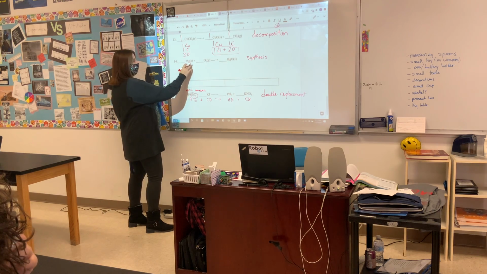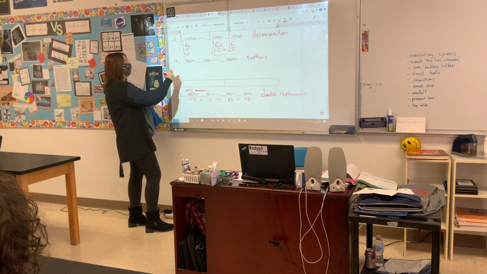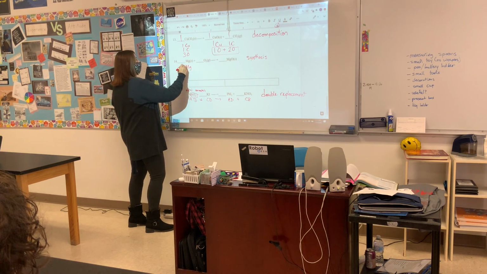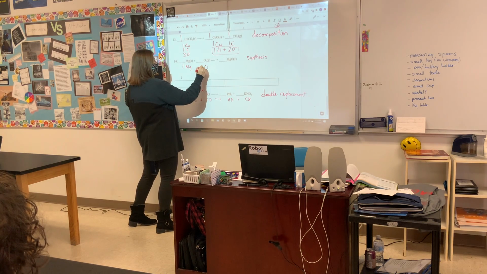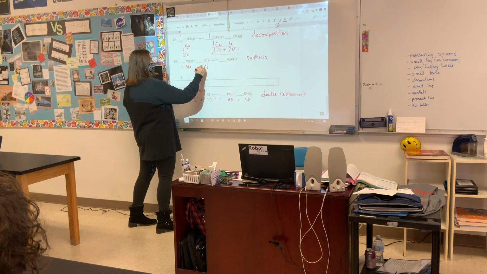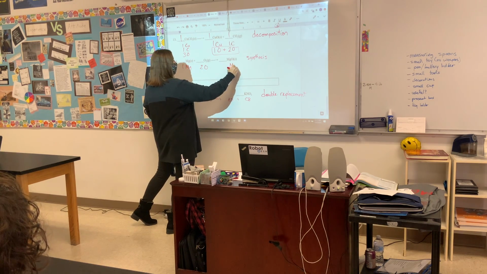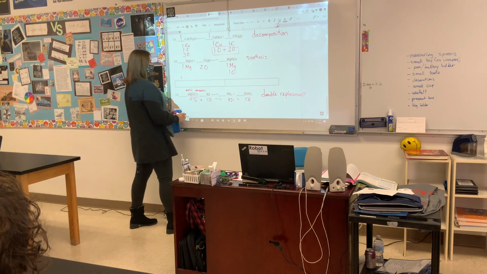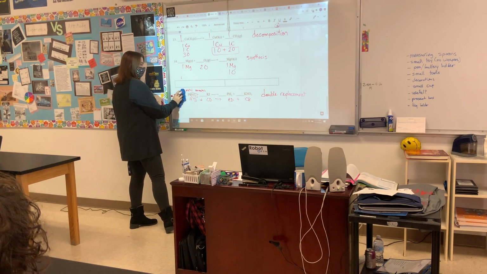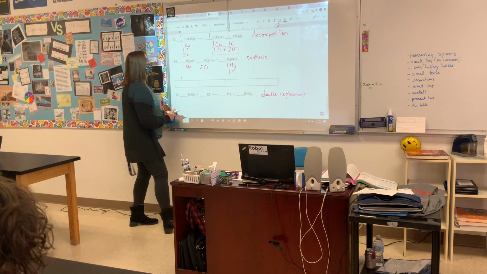Okay, how about this one? Magnesium, oxygen. We get magnesium oxide. Magnesium, 1. I have oxygen, how many? 2, because of that subscript. This side, magnesium, 1. Oxygen, 1. What do I do? 2 times magnesium and oxide.